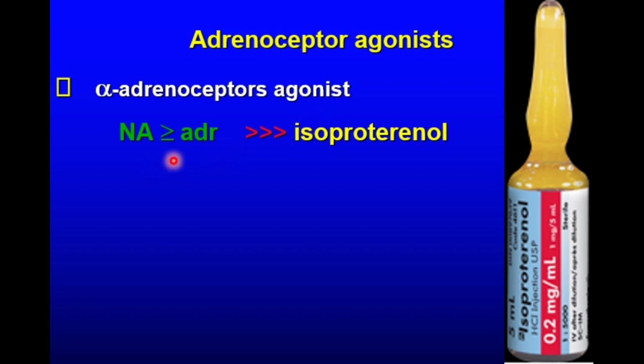Noradrenaline is equal to or slightly more potent than adrenaline, but far more potent than isoproterenol, so that isoproterenol may be regarded as inactive at the alpha adrenoreceptor.